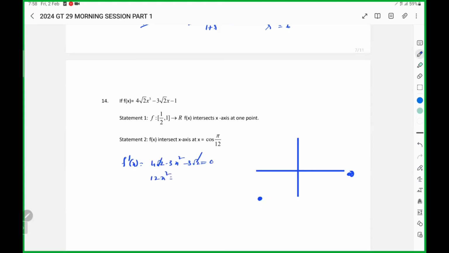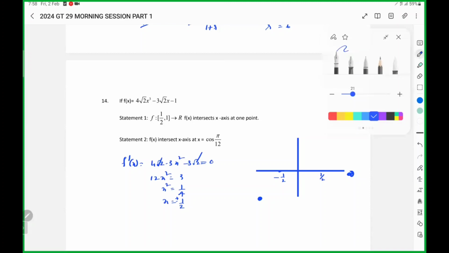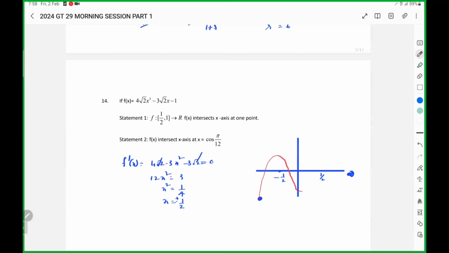So 12x square is 3, so definitely at plus or minus half it takes a turn. The graph will be, at 0 it is minus 1.